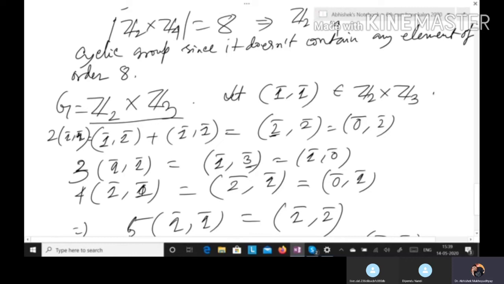Now the question is, under what condition is it true that the external direct product of two cyclic groups will surely be a cyclic group?